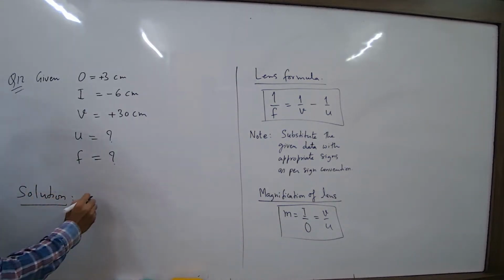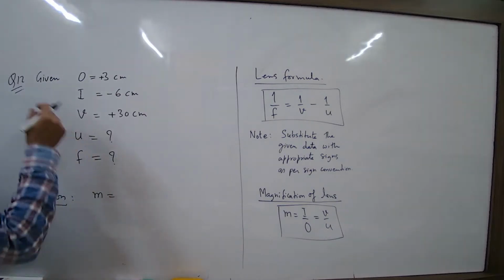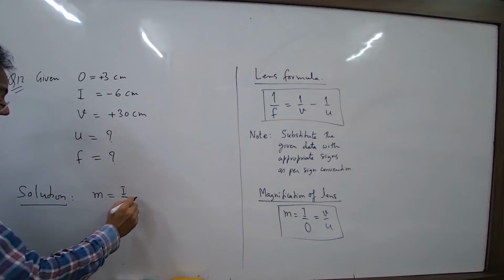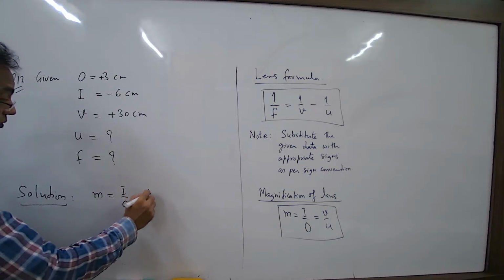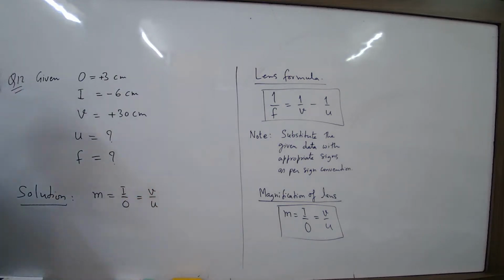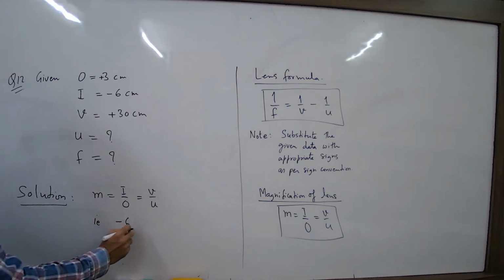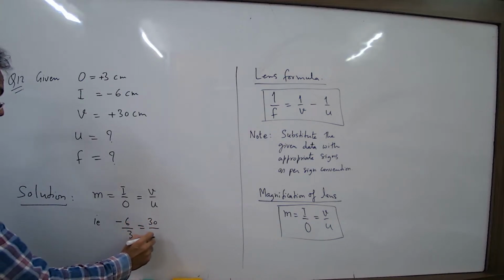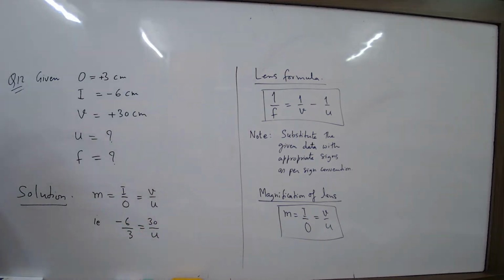What is M? M is equal to I upon O, and this is equal to V upon U. So what is I? Minus 6 upon 3, V is 30, then here U. And U should be negative, I told you.